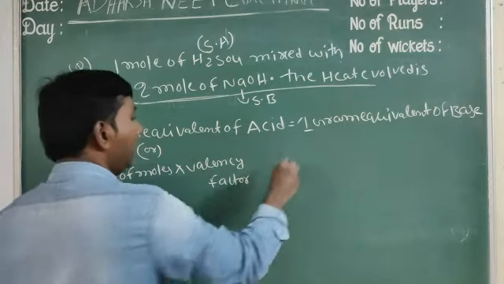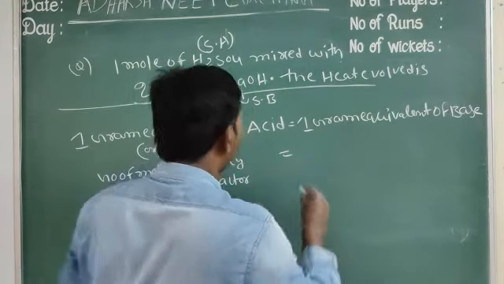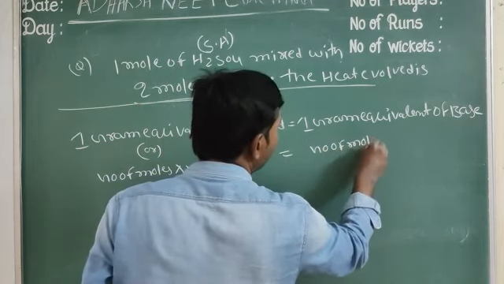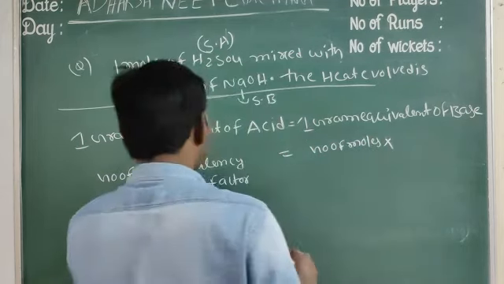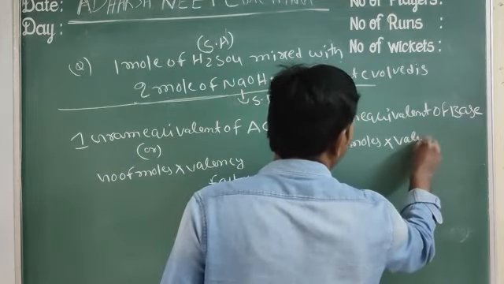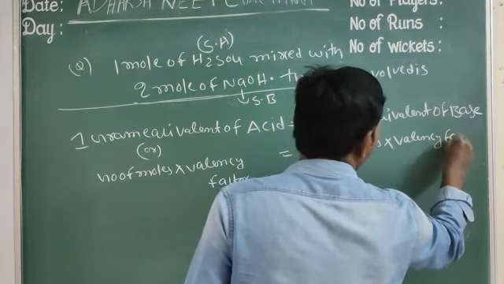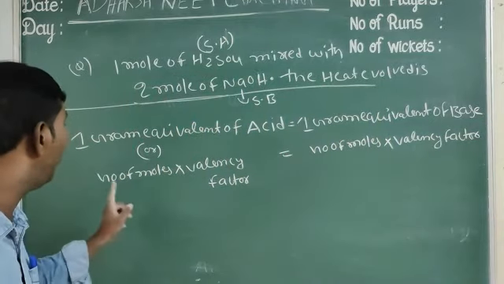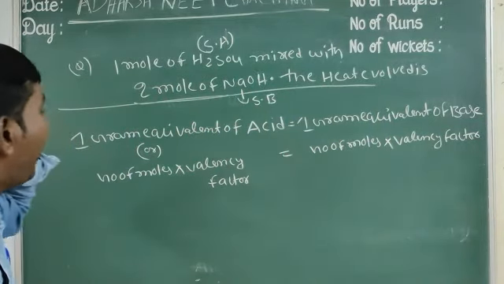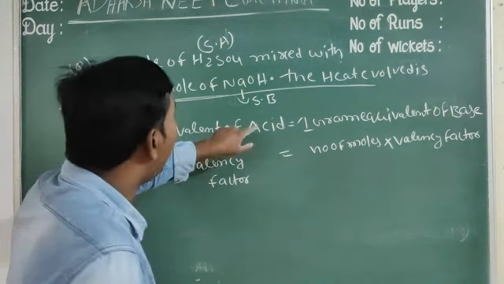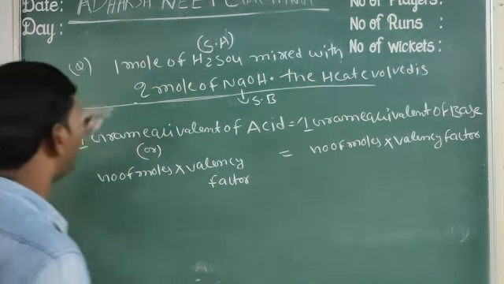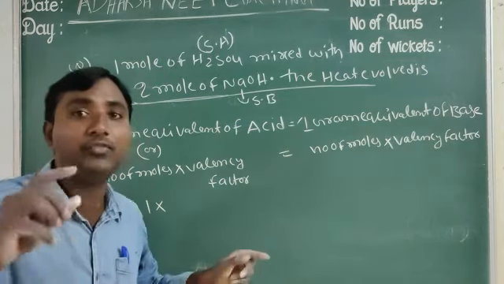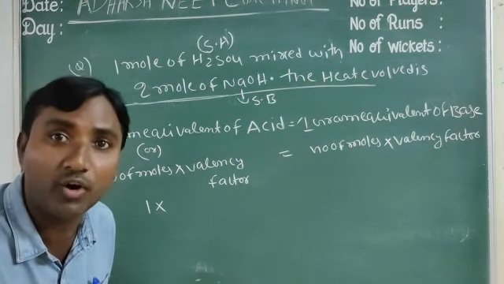Okay, also gram equivalent of base means number of moles into valency factor. Formula is very, very important. Gram equivalent means number of moles into valency factor. Acid means H2SO4. How many moles? 1 mole into what is the valency factor of H2SO4?